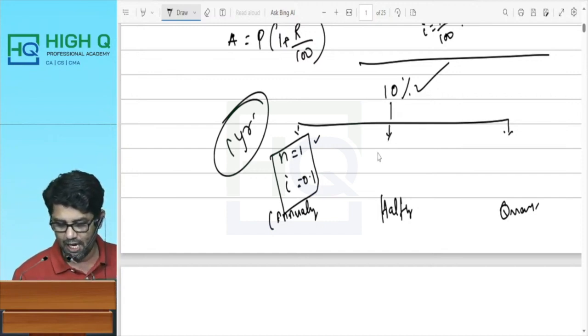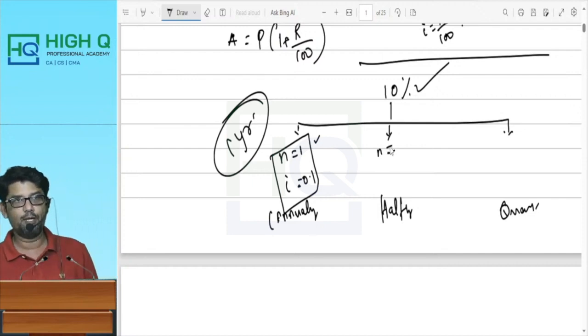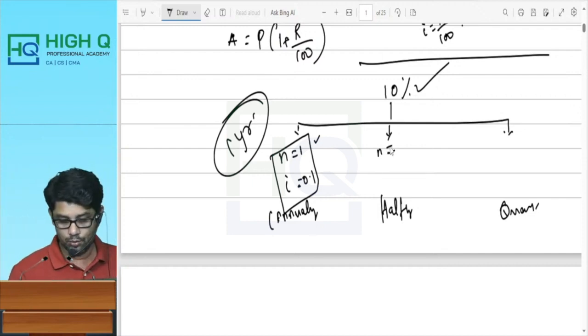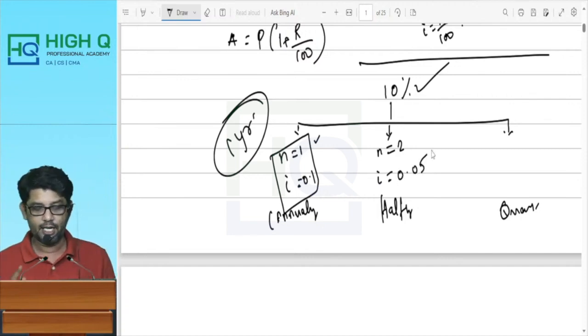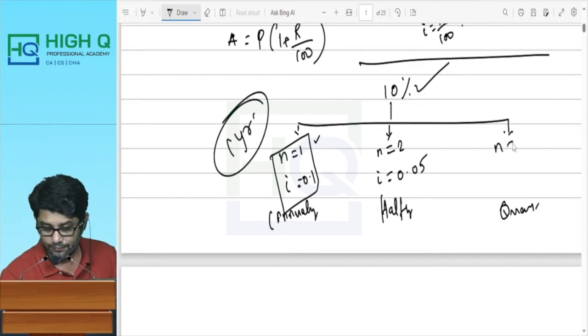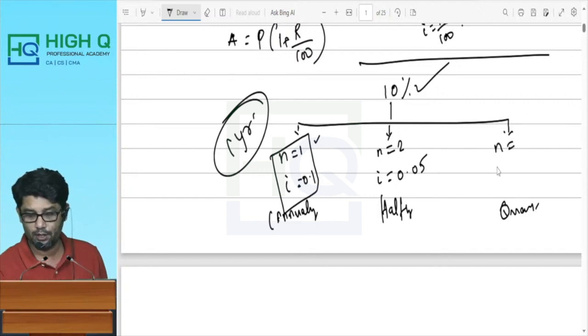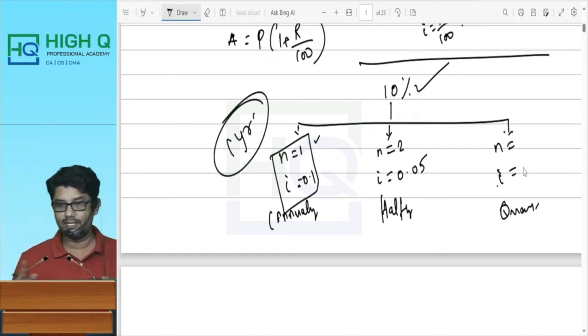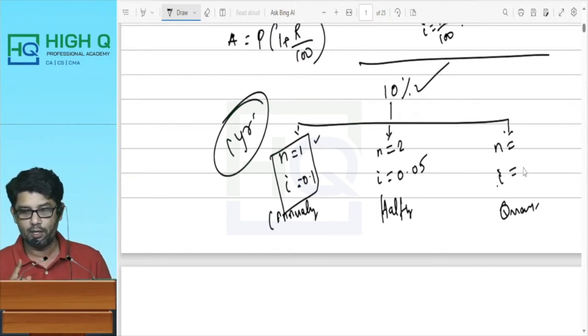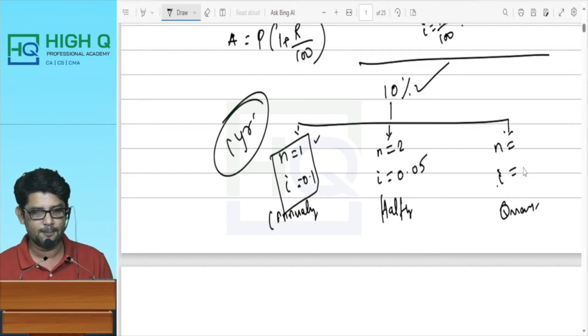When it comes to half yearly, what is n equal to? 2. And I is equal to 0.05. Can you give me the answer for quarterly? What is n equal to and what is I equal to for quarterly?